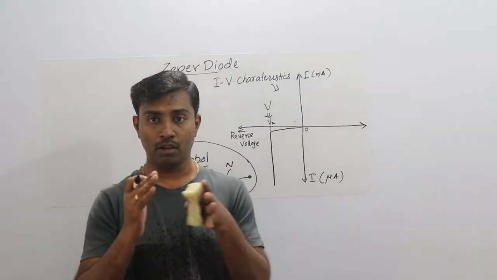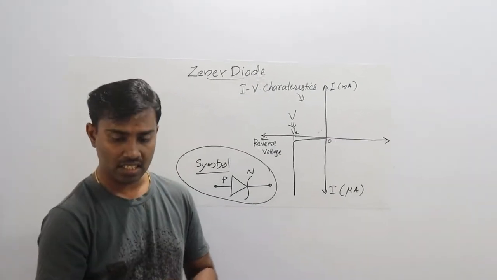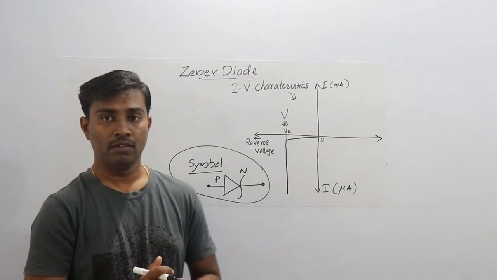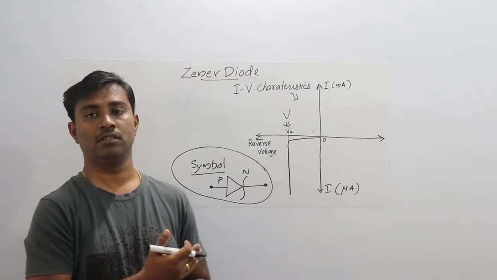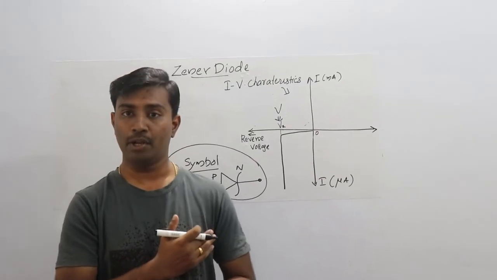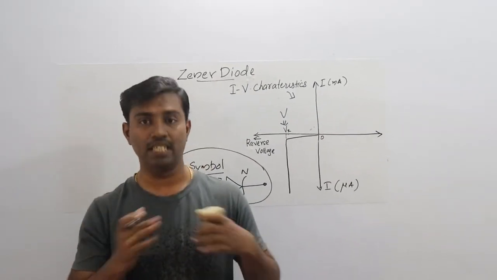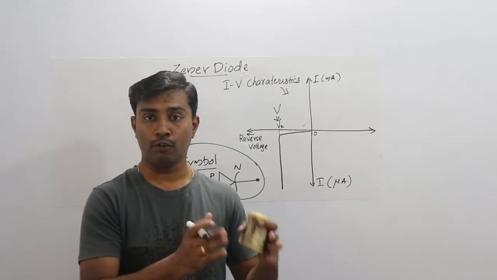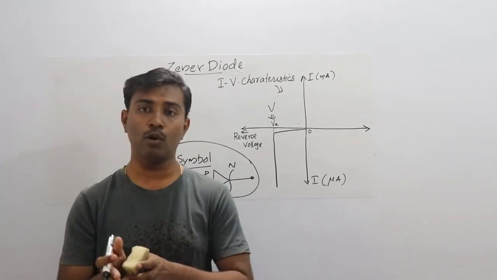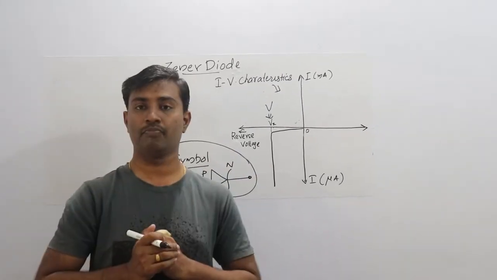Now we are going to discuss how the current increases sharply at that voltage. We know that the reverse current is due to the flow of minority carriers: electrons flowing from the P region to the N region and holes from the N region to the P region.